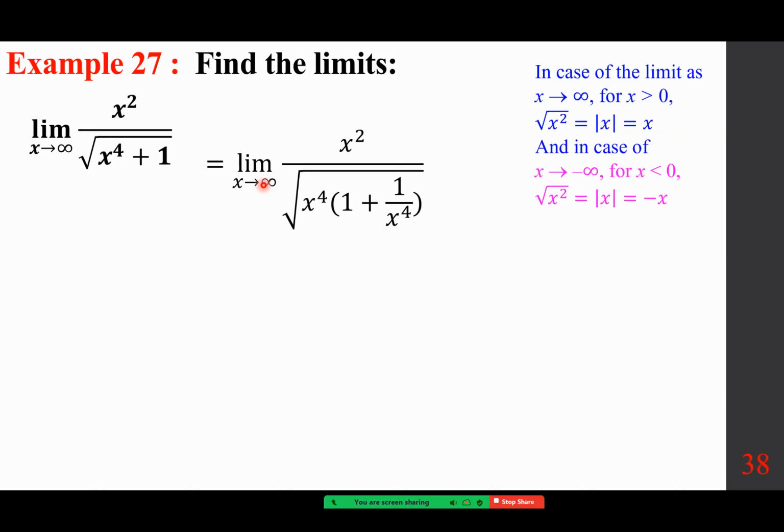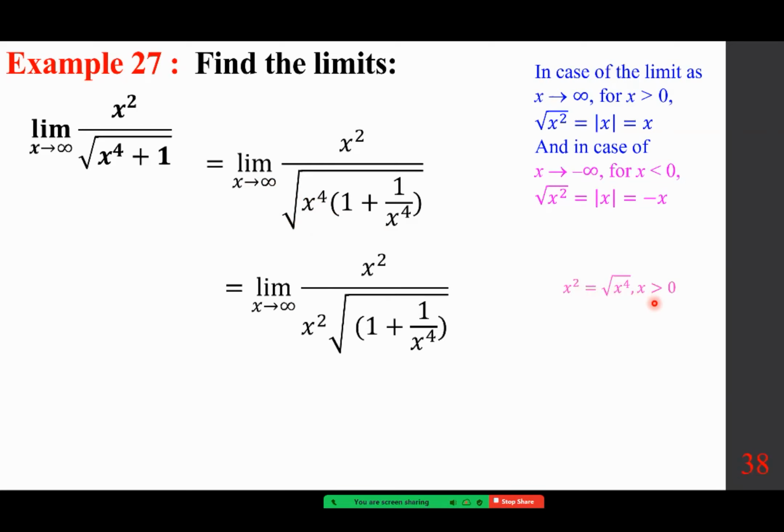So since x is approaching infinity, I can take this out as simply x squared. So x squared equals the square root of x to the power of 4 when x is larger than 0. By the way, even if it's approaching negative infinity, because the expression x squared is positive, it comes out as positive x squared.